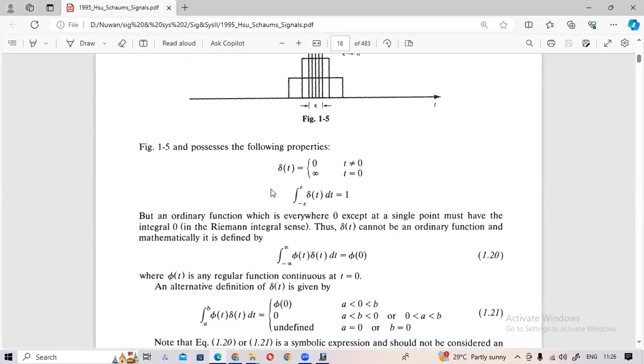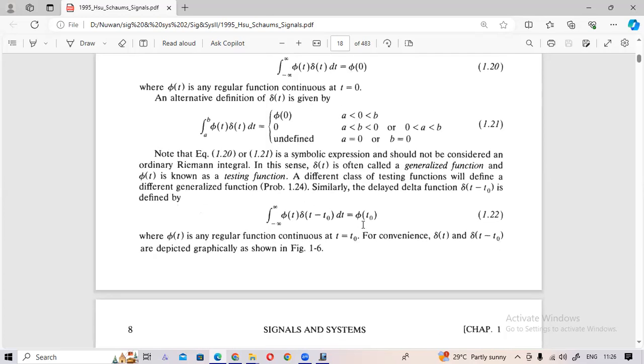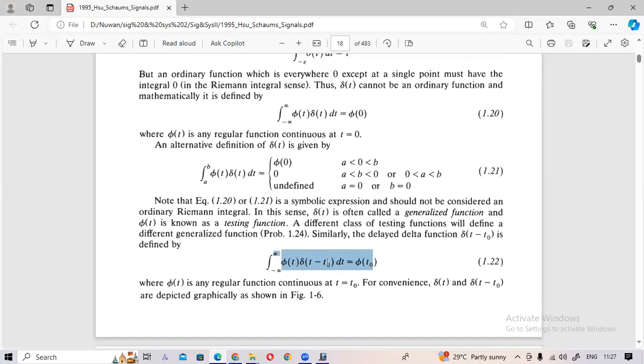So this is the definition. This is the equation I have given. This is one property. Actually, you can use this property to get this one. Here there is no time shifting, that means time shifting is 0.